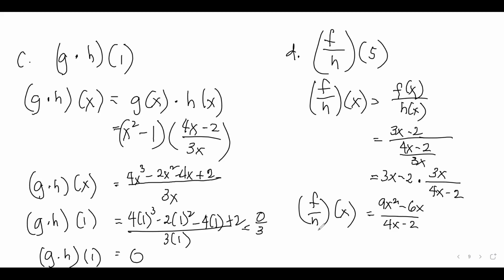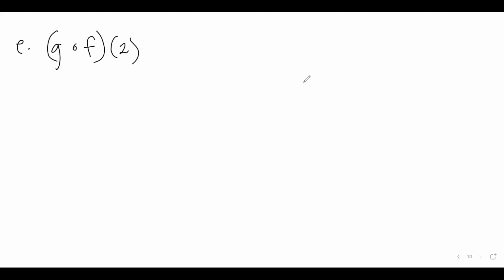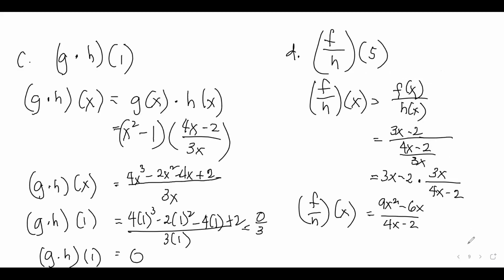Then substitute 5. Hindi tayo kakasya. Dito na lang. F over h of x is equal to 9x squared minus 6x over 4x minus 2.